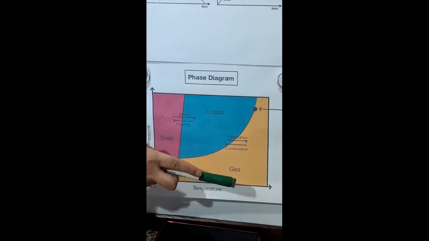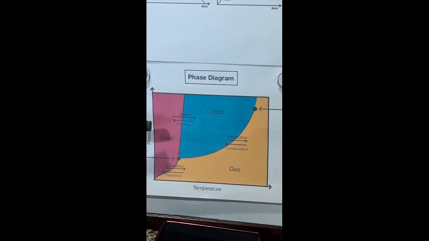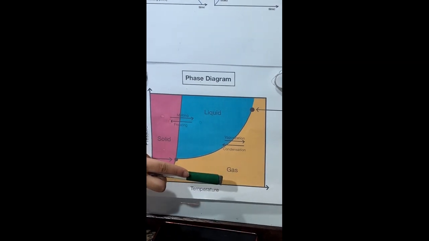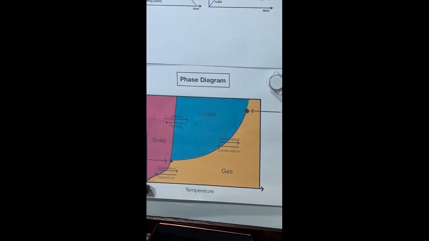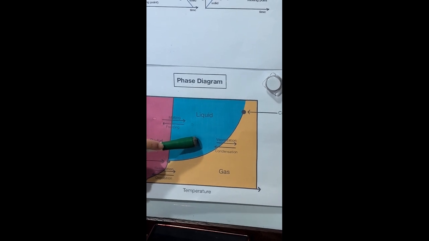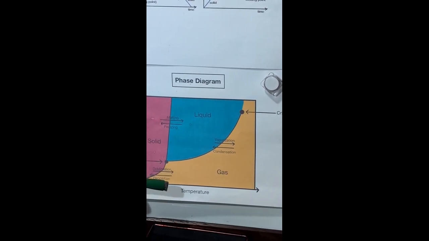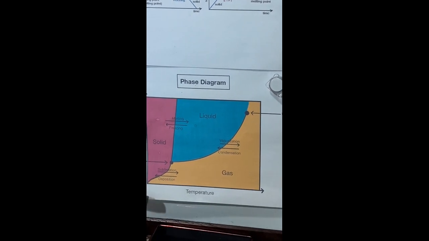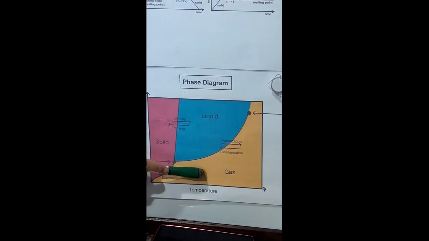Low temperature and high pressure, solid phase. If temperature increases or pressure decreases, liquid phase. If you keep increasing temperature or decreasing pressure, further gas phase.